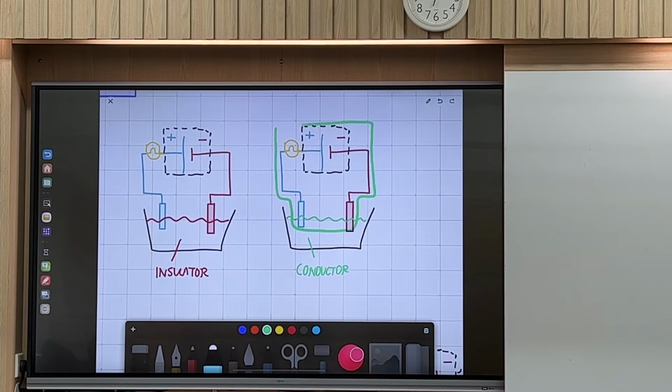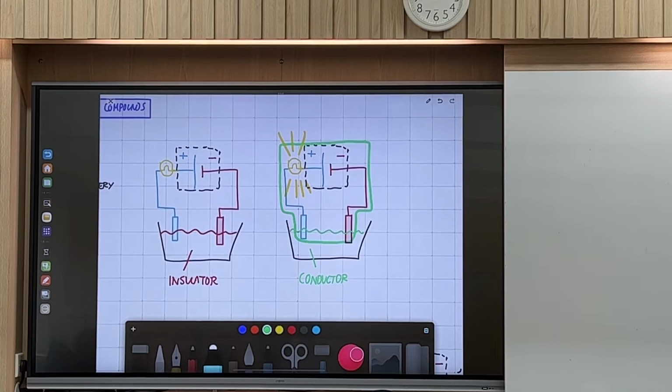Then electricity will start flowing through the circuit and the light bulb will glow. If you put a conductor in here, you see a closed loop. It's a closed circuit, we say. I'm not teaching you physics, but I believe you have learned this in science. So this will light up.